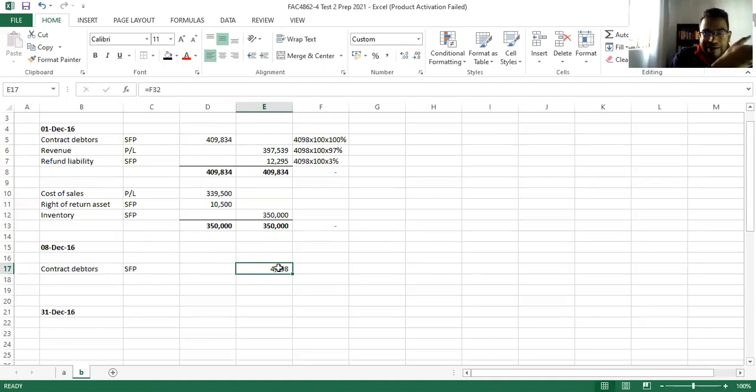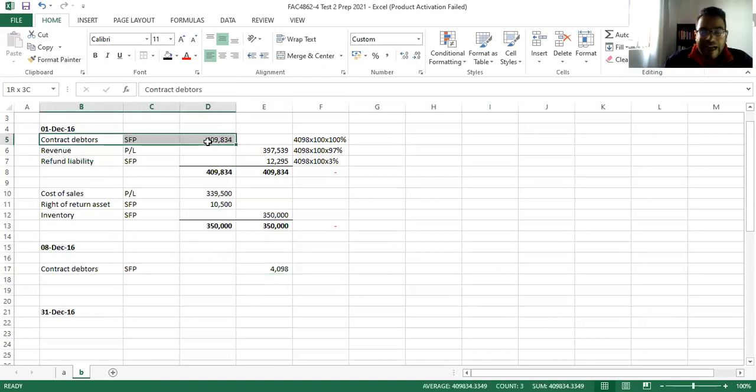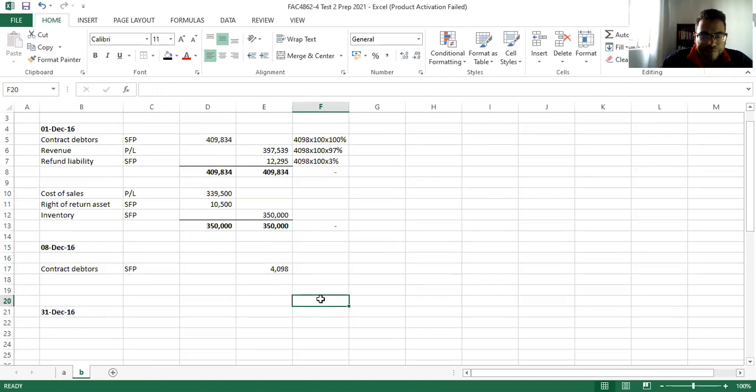So that one debtor needs to decrease. This debtors represent 100 debtors. Now that we are crediting debtors for one, debtors is now going to be at 99 debtors, what we want. Now remember, we have recognized a refund liability for 3 returns.